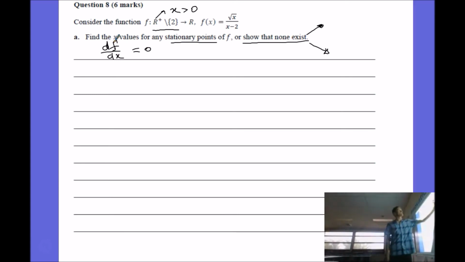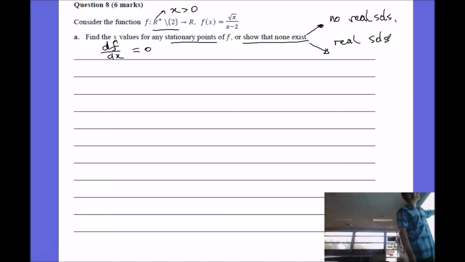But if none exist, that means we get no real solutions for stationary points, or we get real solutions, but they lie outside the domain.